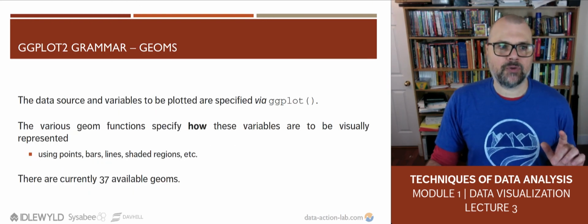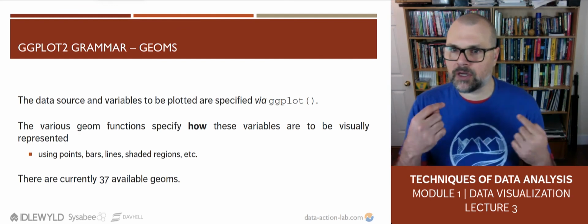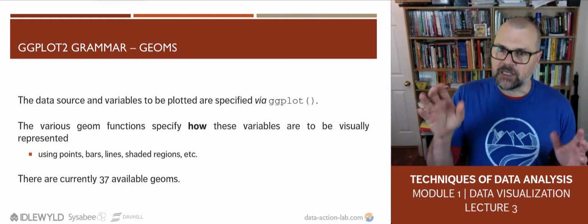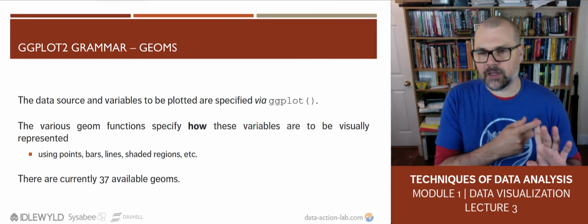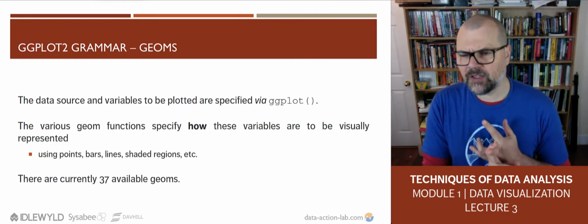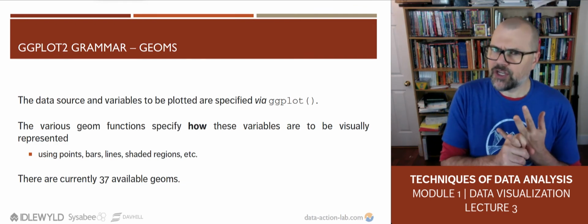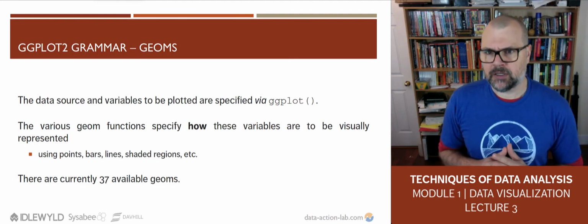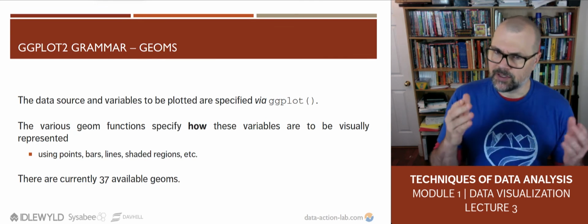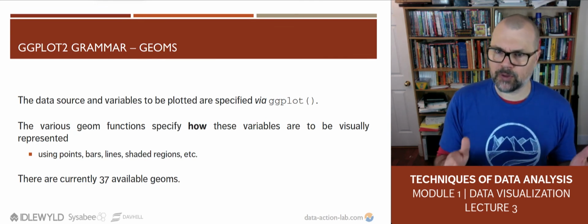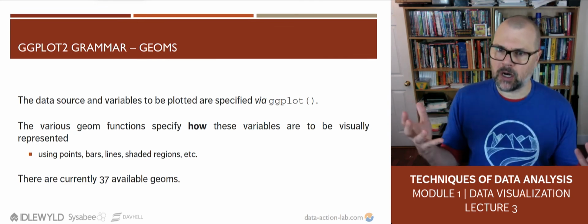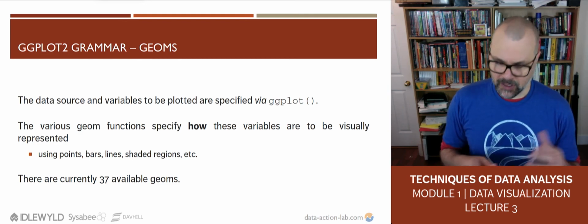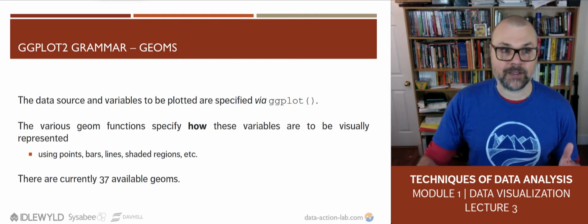Some of the useful geometries, if you go look in the report that I wrote, we list some of them, like the scatter plots, the histograms, the line charts. It's pretty straightforward. There's a table that basically lists a lot of these geometries. So please take a look at that report so you have access to a larger sample of geometries. Let me show you how that would work in practice now.